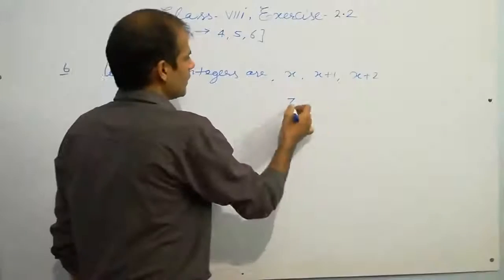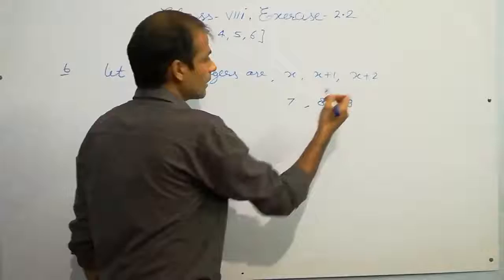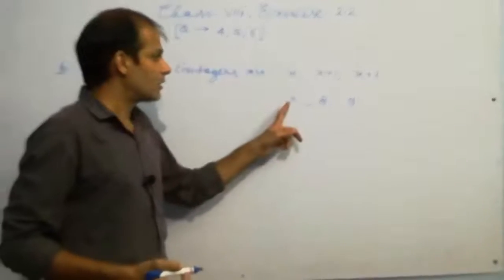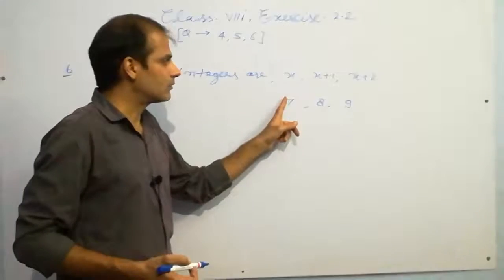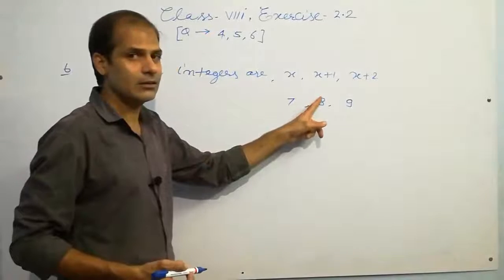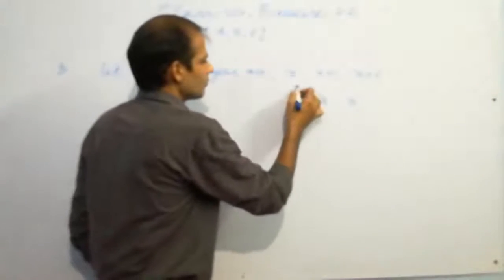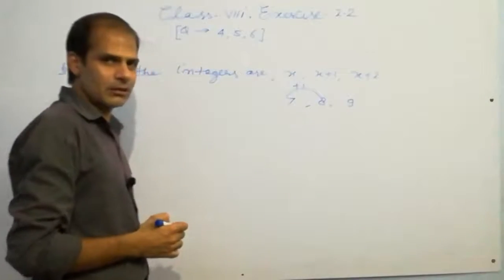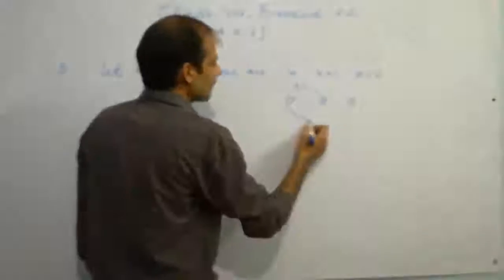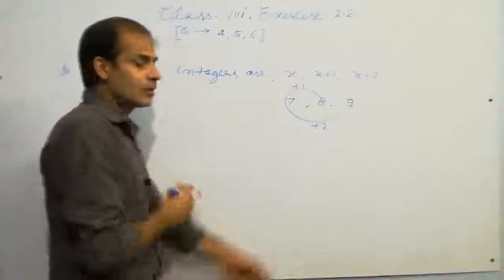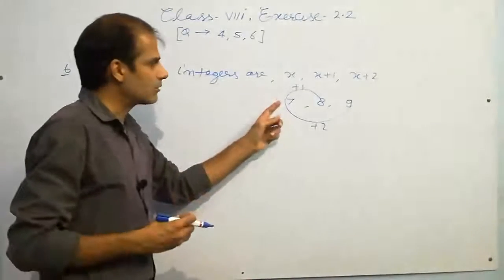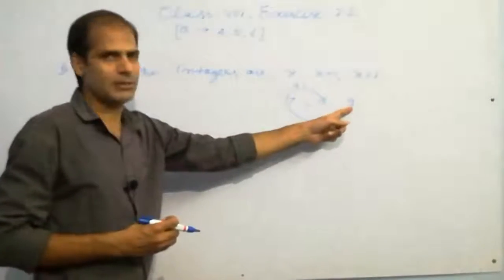Suppose three numbers are 7, 8, 9. If you add 1 to 7, you get 8. If you add 2 to 7, you get 9. So it is 7 plus 1, 8, and it is 7 plus 2, 9. So if this number is x, it is x plus 1, it is x plus 2.